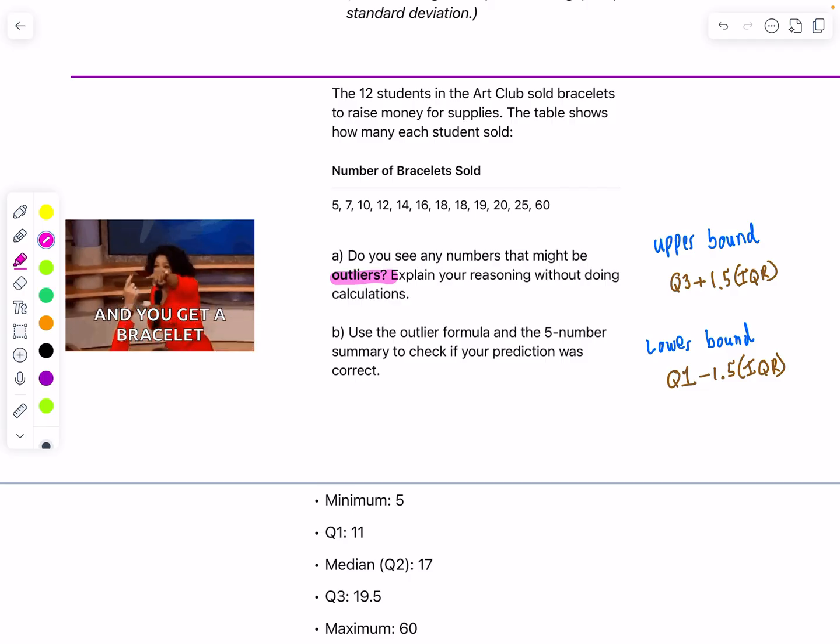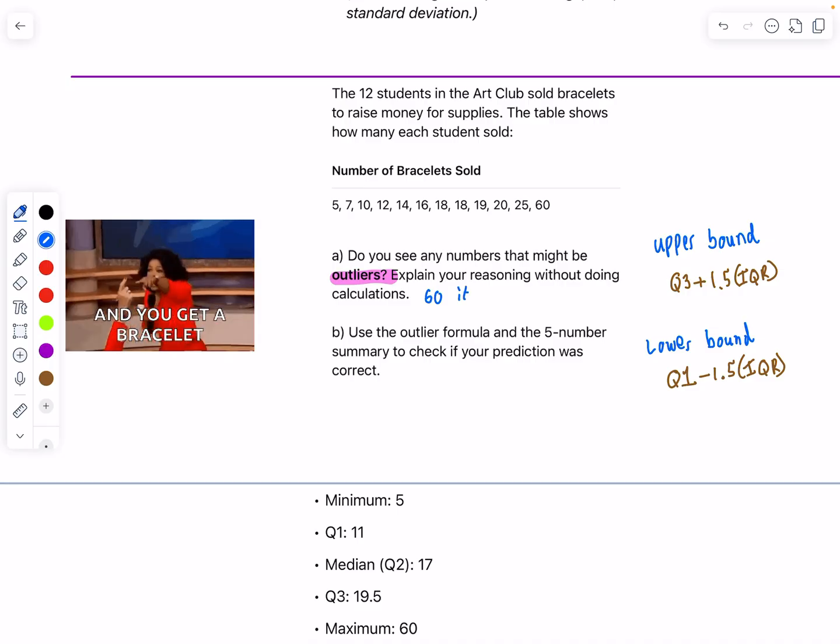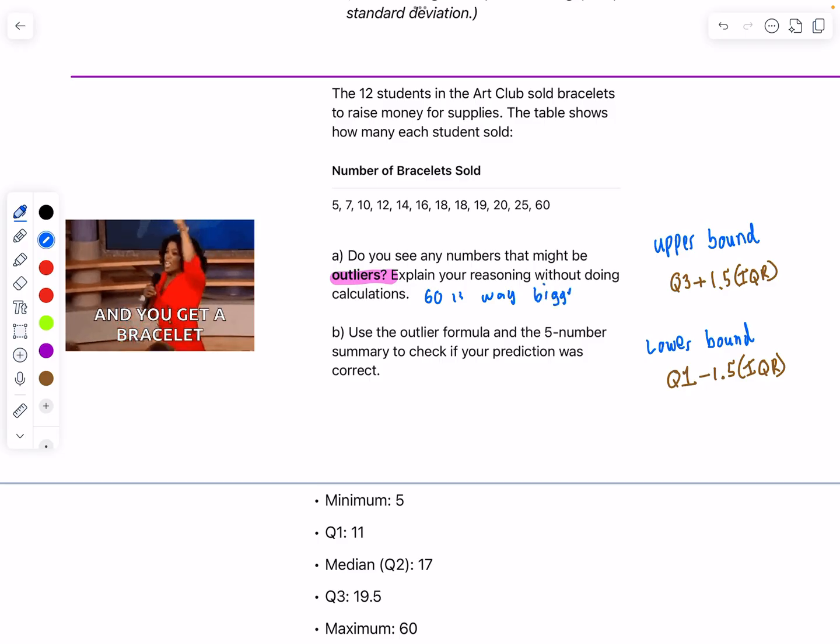Well, I would say that, maybe 60? I don't know, it's a pretty big number. And then I would just say, 60 is way bigger than the other numbers.